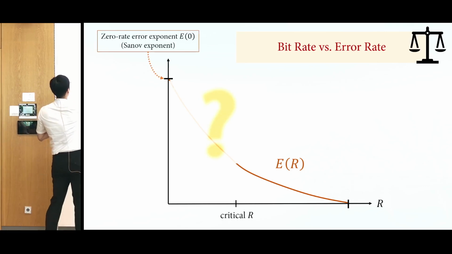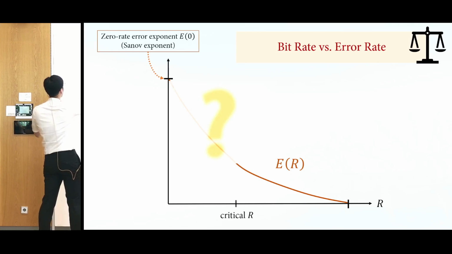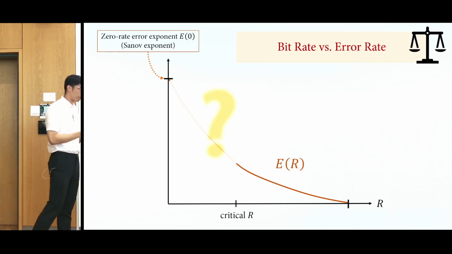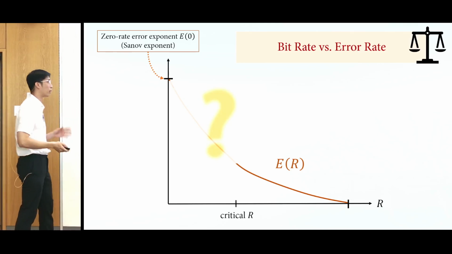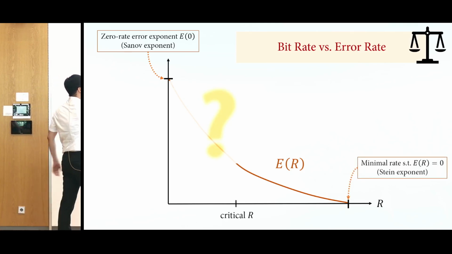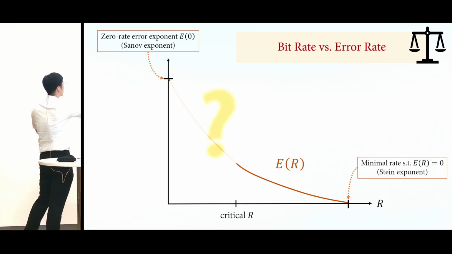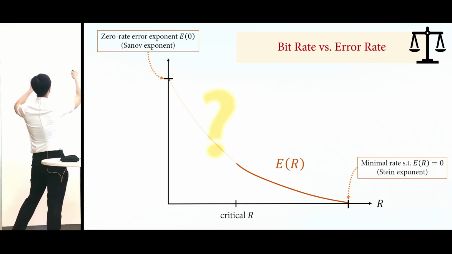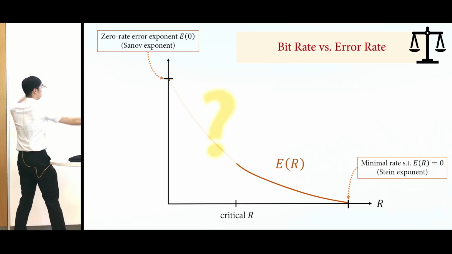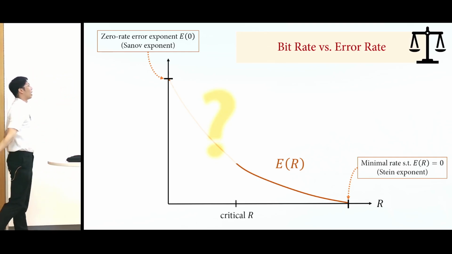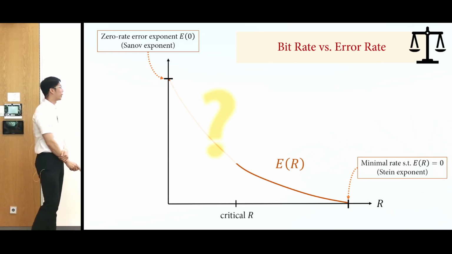This point is called the error exponent at 0 rate, which corresponds to the sum of exponent mentioned in binary hypothesis testing, mentioned by Ludovico yesterday. This point is the channel capacity, or Stein exponent, which is the minimum rate such that the error exponent is 0. So the Stein exponent and the sum of exponent lie at the two extremes. In this talk, we'll study this region, the optimal trade-off between bit rate and error rate.